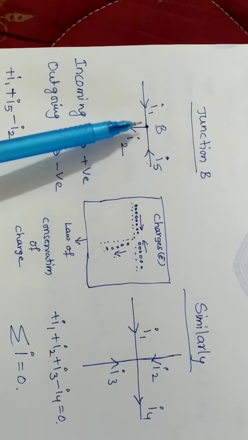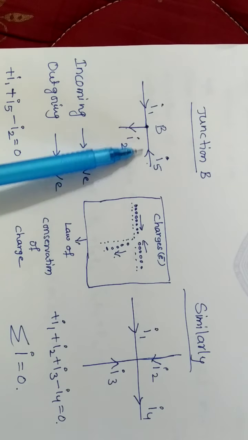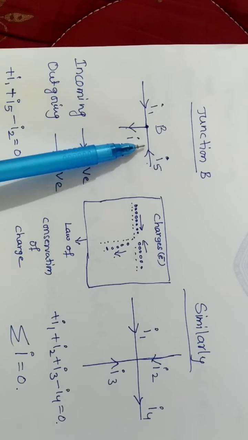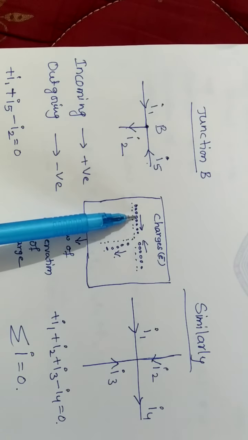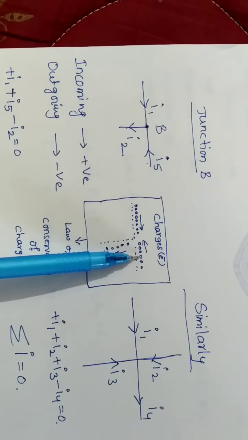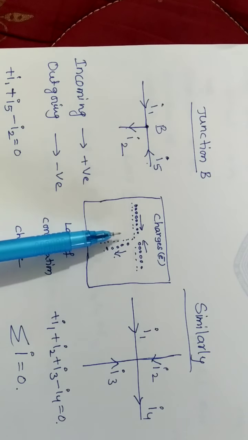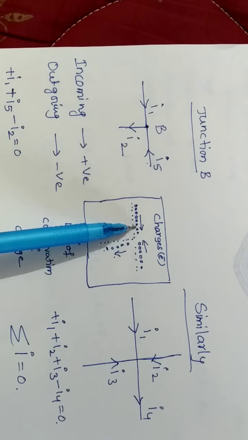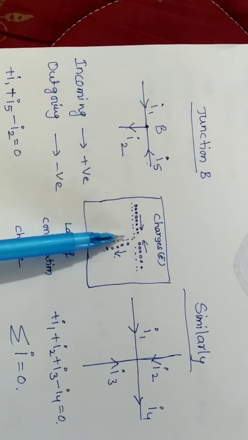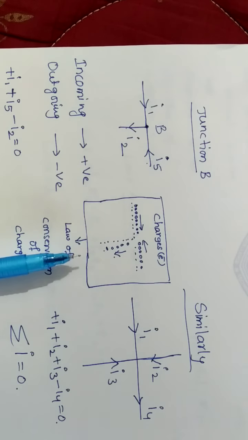When we say current, it means flow of charge. So imagine this picture as a flow of charges: these charges are moving towards the junction, and these charges are moving out of the junction. Whatever charge comes towards the junction must move away from the junction. This is the law of conservation of charge.